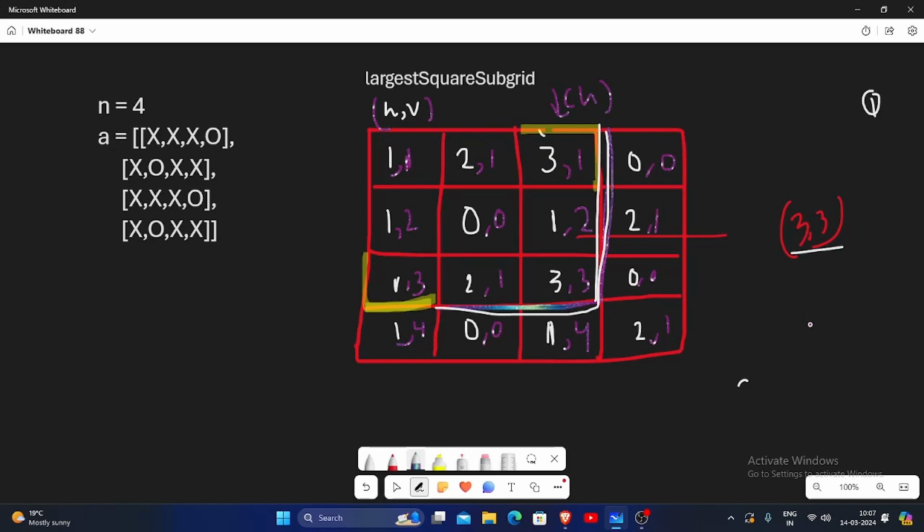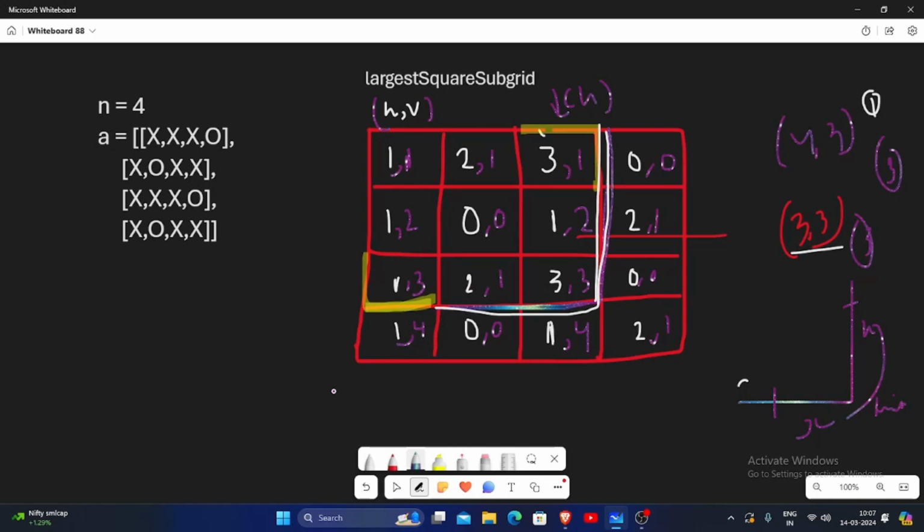Yes, this will form a square because we have found two sides which are equal. Since we are taking the minimum of them, in this case we are getting 3, but given 4 and 3, we have already looked for the minimum, 3 only. So taking the minimum of both of them, this part is actually forming a square.